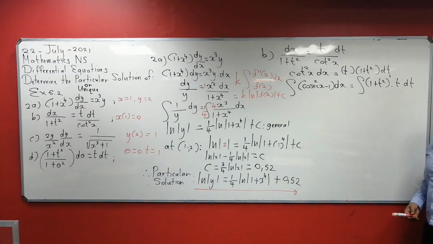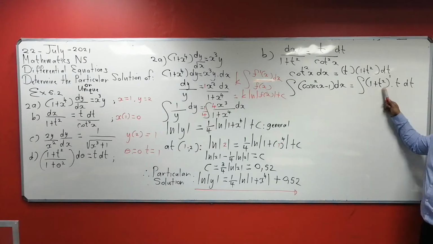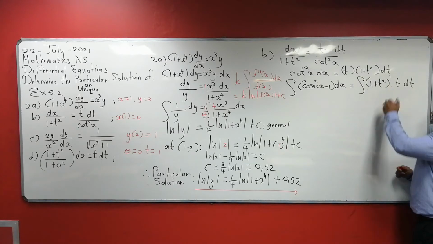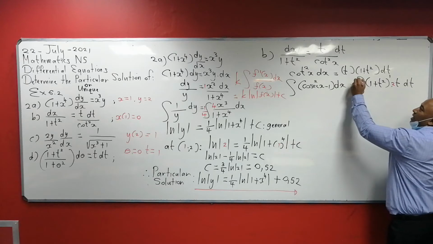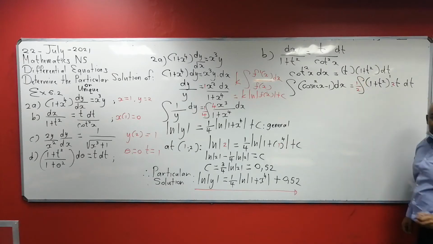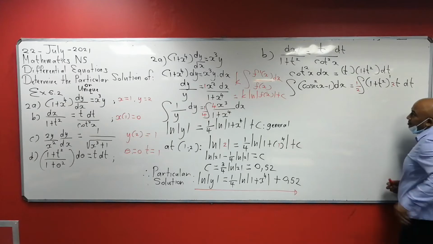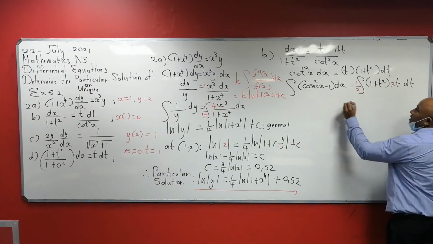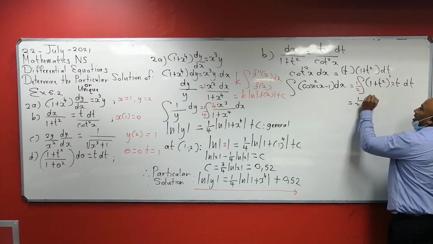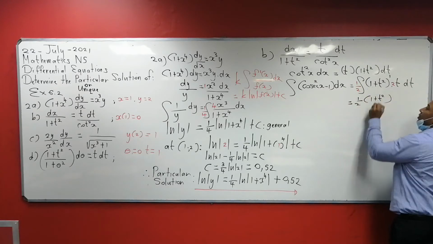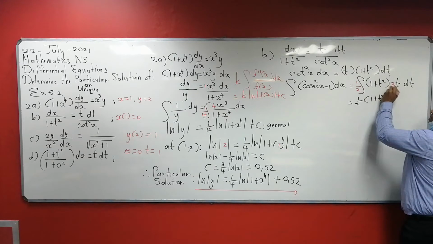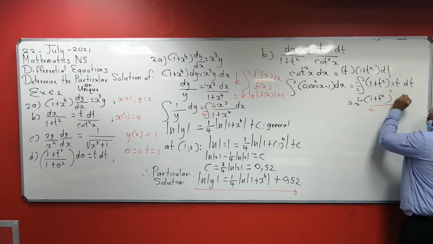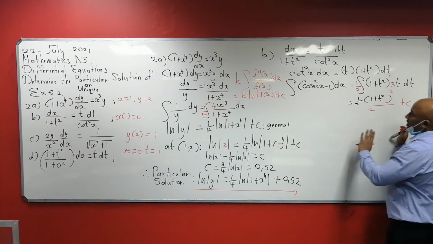What is the derivative of t squared? It's going to be 2t. So if I write down a 2 there, I'll cancel the 2 by multiplying by 1 over 2. Can you see that? So now this will be half, and then 1 plus t squared, and this 1 here, 1 plus 1 will be 2 over 2, plus c there, that's the right hand side.